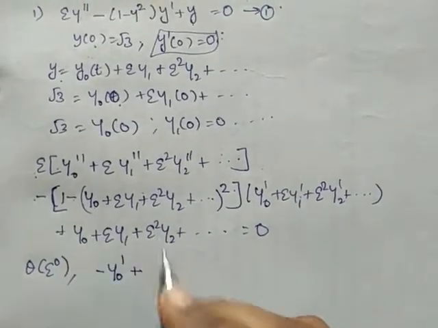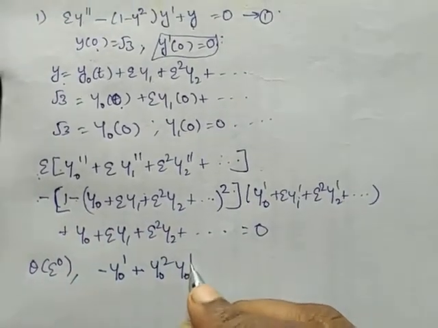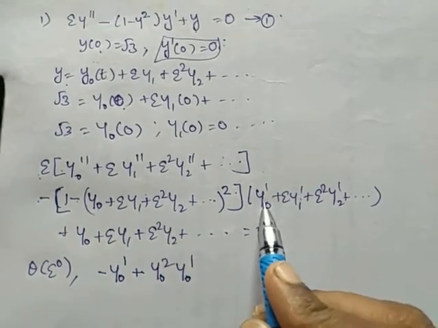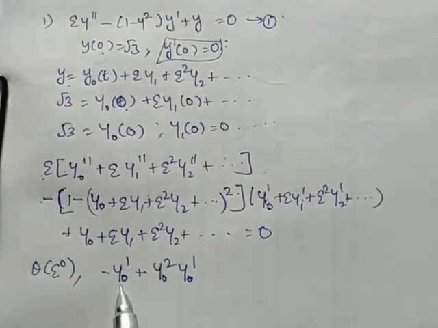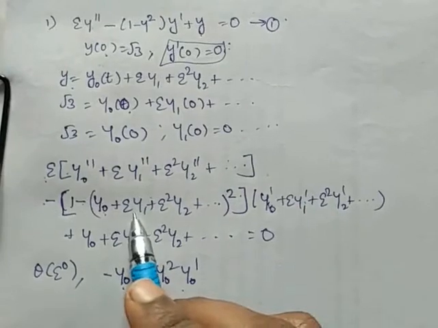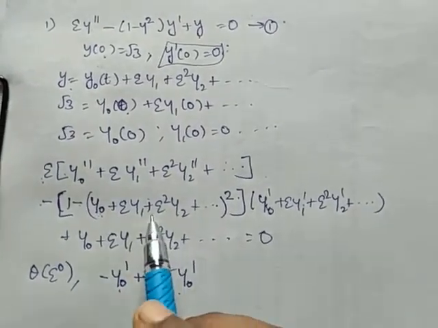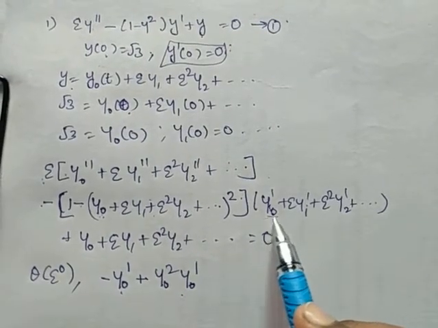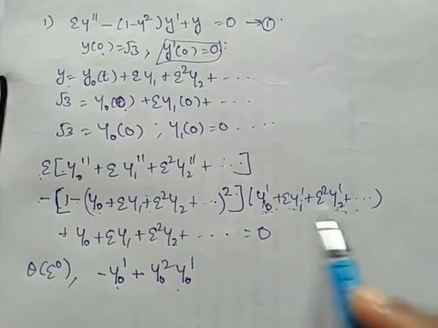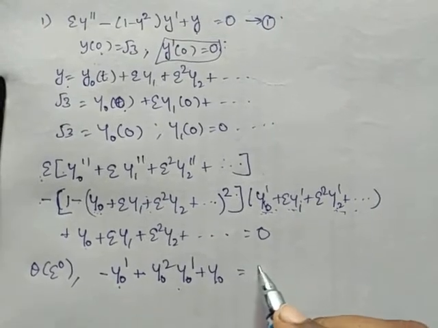Therefore, plus y naught square into y naught dash. All other terms will be having epsilon. When we expand also, other than y naught, all other terms will be having epsilon. Similarly, when we multiply this with this, except this term, all other terms are having epsilon. And last one, plus y naught equal to 0.